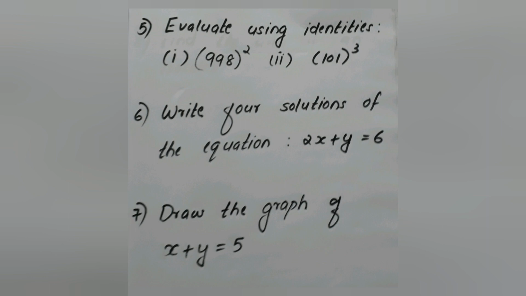So you have studied to find the solutions. You can give a value for x and get the corresponding value of y and get 4 solutions. Then the seventh question: draw the graph of x plus y equal to 5. There also you find the solutions, plot the points and draw the graph.